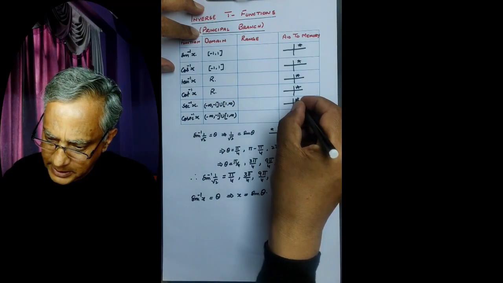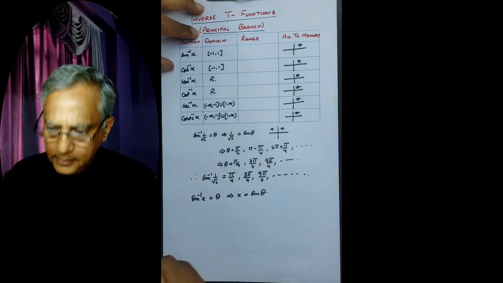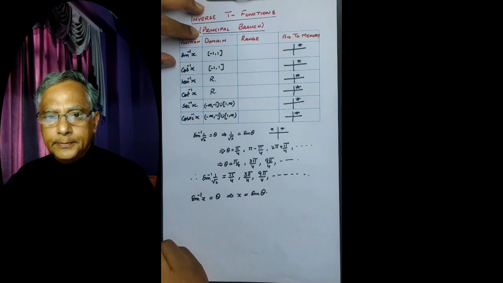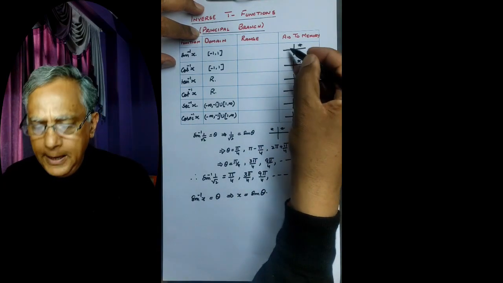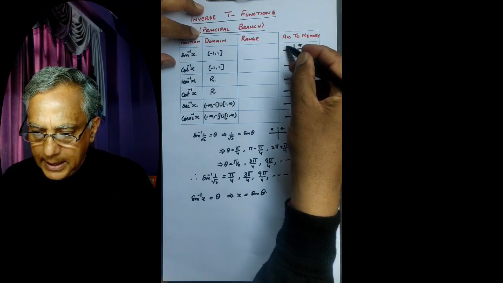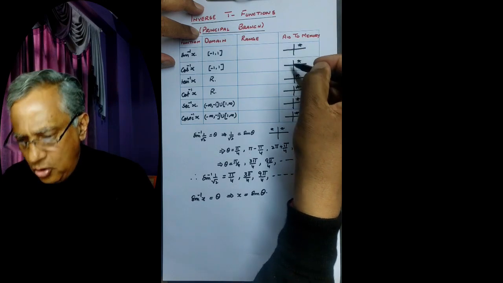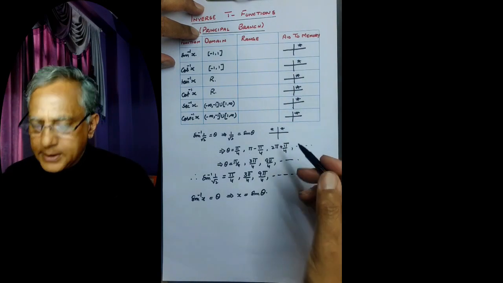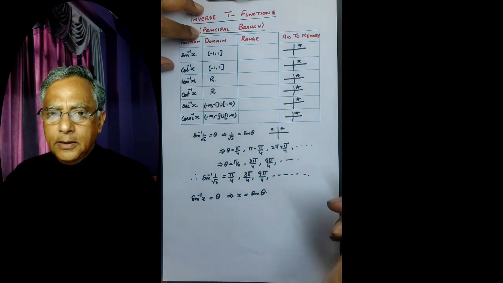If x is positive, secant inverse will lie in this quadrant and in this quadrant. And for negative values, we will take one of these quadrants, either second or fourth. We will now make you understand which quadrant has to be taken.